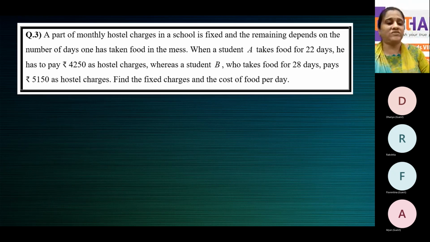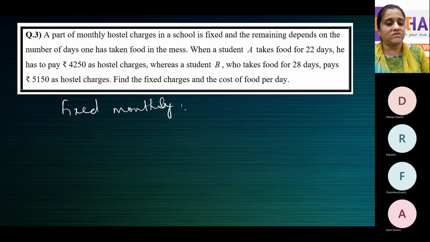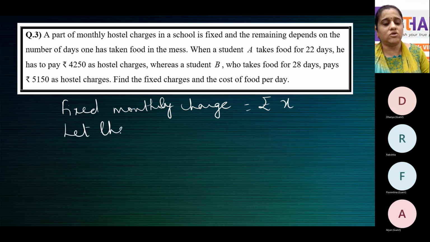So let the fixed monthly charge be rupees X, and let the cost of food per day be rupees Y.